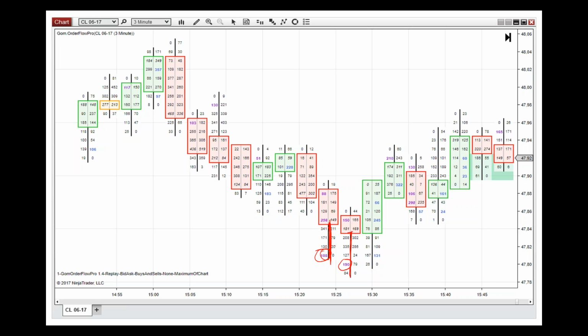So these imbalances are not able to move the market lower. On the next candle, in this same zone, we now see a positive imbalance. So all the selling is getting replaced by buying, and now it's going up. All these orders are getting absorbed, and the market reverses.